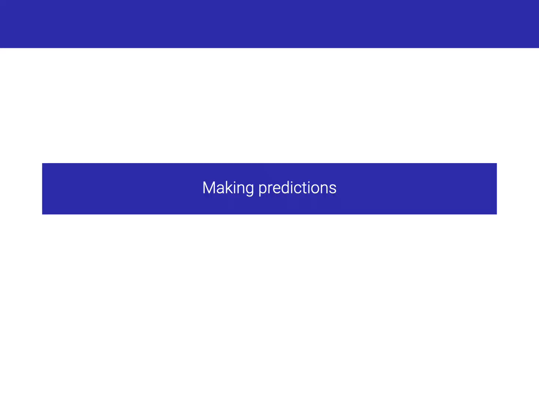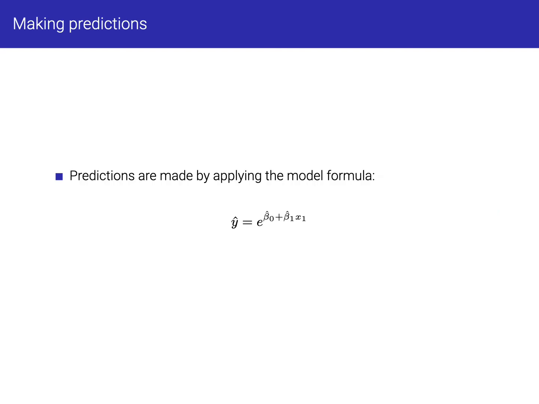Okay, so how do we make predictions based on this model here? Predictions are made by applying the model formula. And if we want predictions in the scale of the response variable, y, so in this case, education expenditure, then we have to use the inverse link, which is the exponential. So we will here take the exponential of beta 0 plus beta 1 x1, and of course, now that we have estimates, we will use the estimates, which is why we have a little hat over beta 0 and beta 1, because now we actually have values.